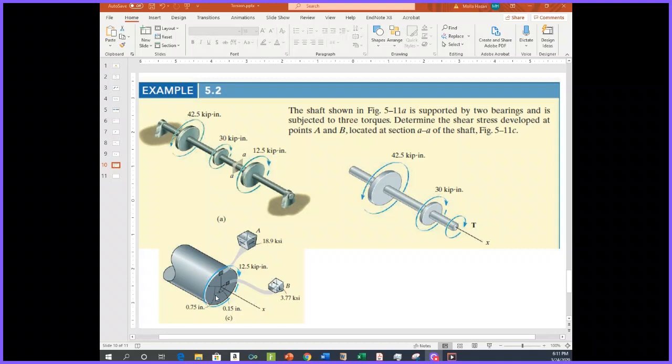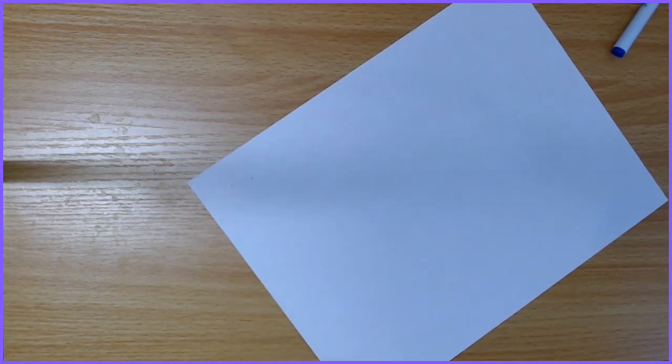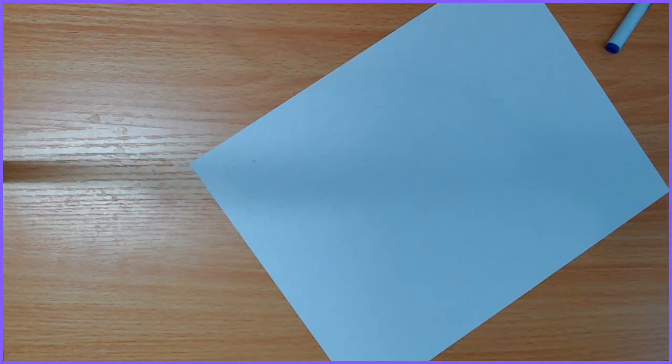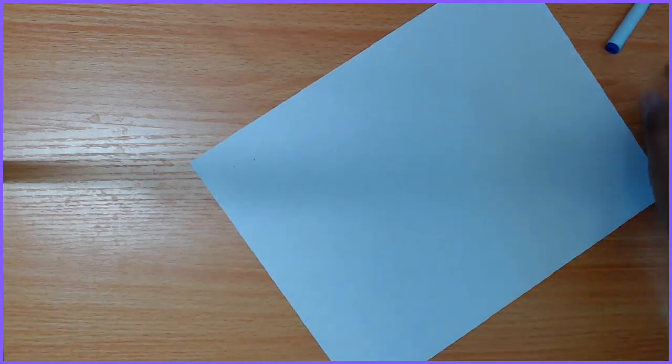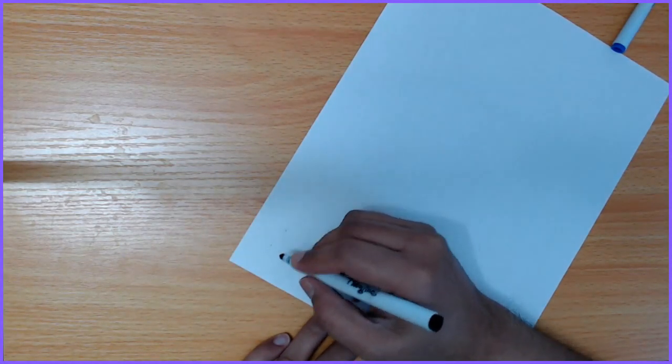So in order to solve this problem, we first need to calculate the torque, the resultant torque I would like to say. And to do that, let's draw the free body diagram of the assembly.